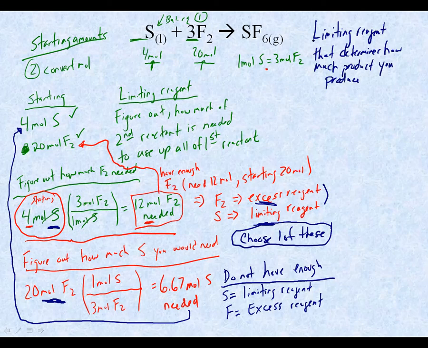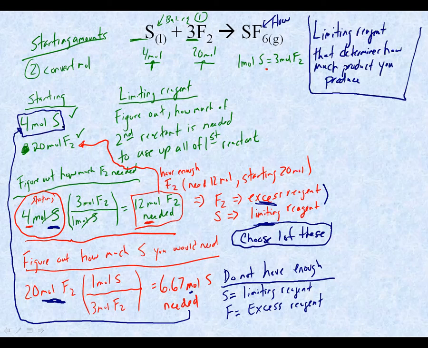So in a question like this, what we are looking to really figure out, for example, is how much of this product we would produce. Once we figure out the limiting reagent, the important thing is when you go to figure out how much product you're going to produce, you want to go back and start your calculation with your starting amount. So you want to make sure you use the starting amount, not the number, for example, that you got down here. These calculations are just to determine which one's limiting.